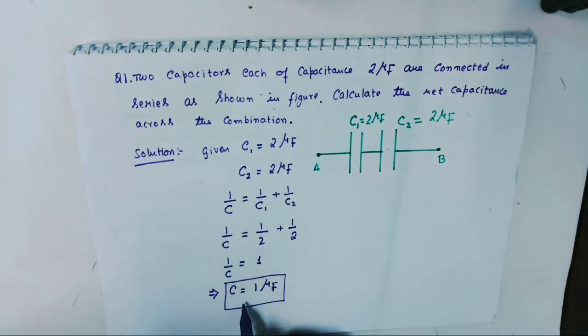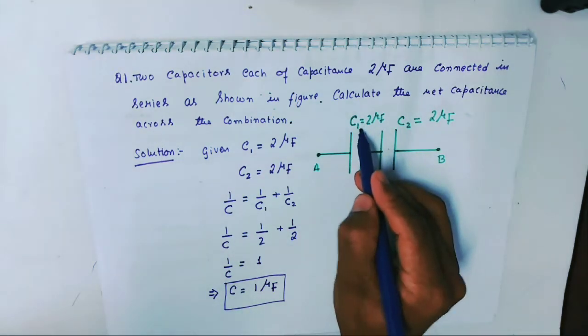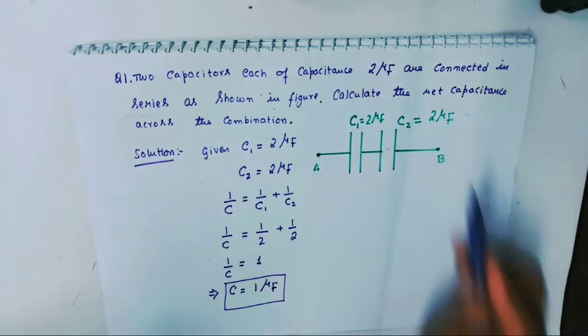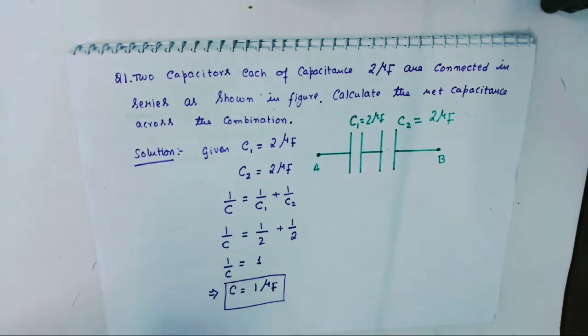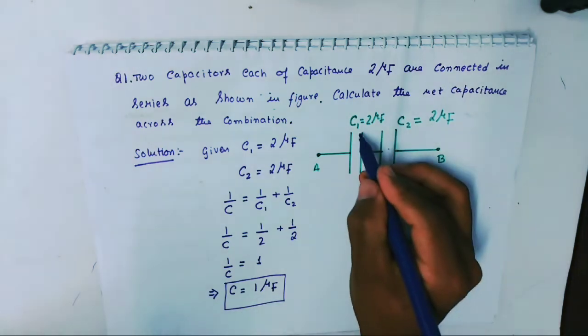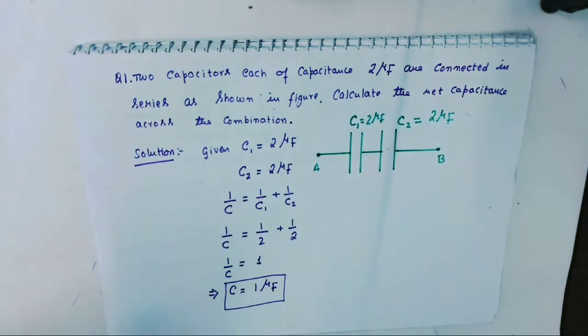This net capacitance, as we can see from here, it is less than C1 and also less than C2. As I have mentioned earlier, when a capacitor are connected in series, the net capacitance decreases. Here we can see the net capacitance is 1 microfarad, which is less than C1 and is less than C2.